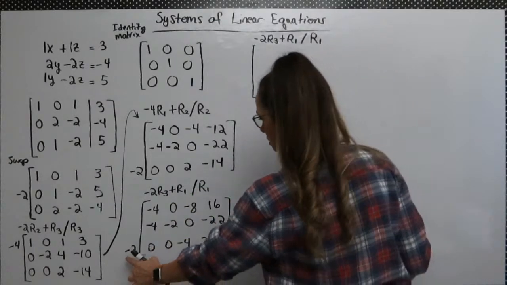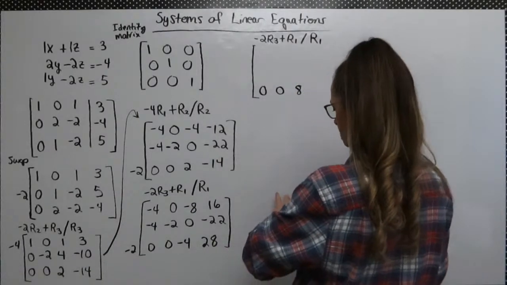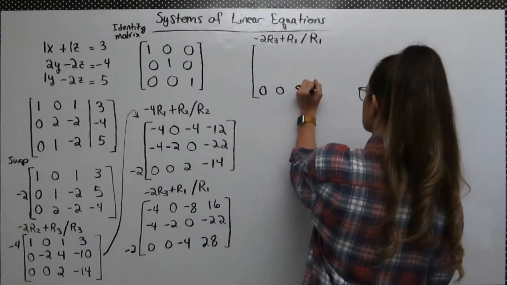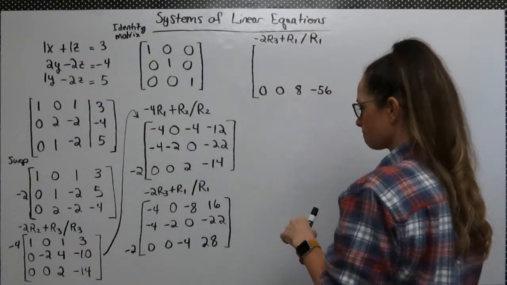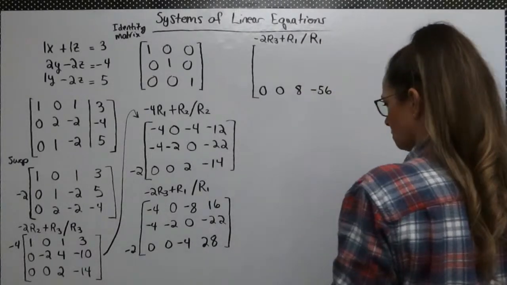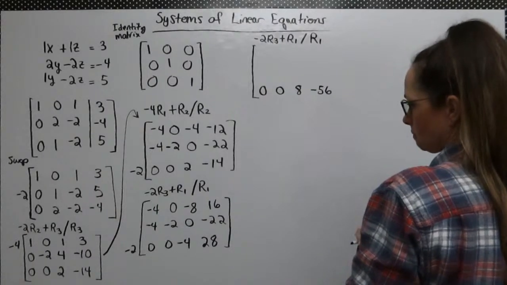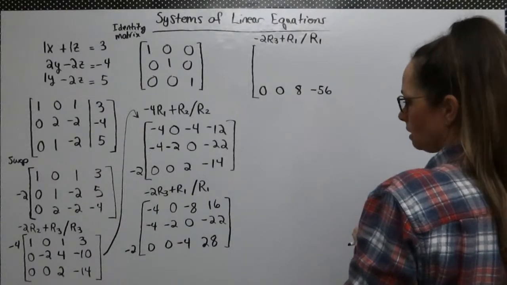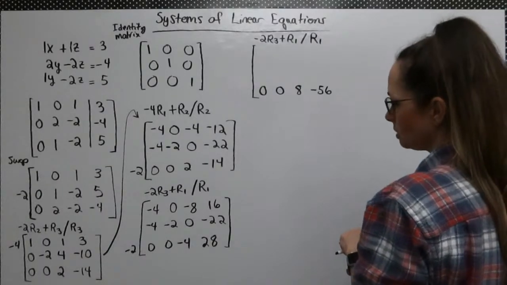And then -2 times 28 is -56. And then we said we're going to add it to row 1 and replace row 1.